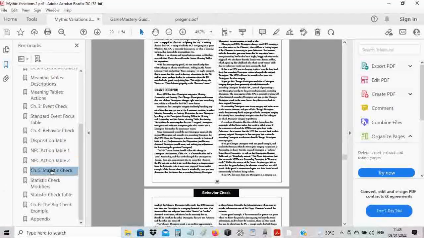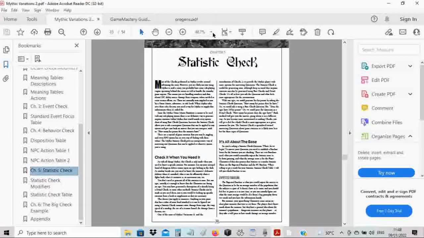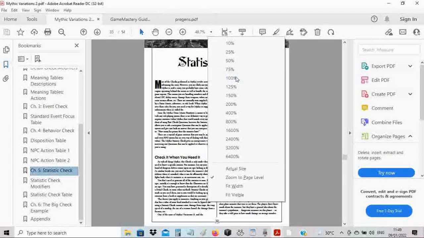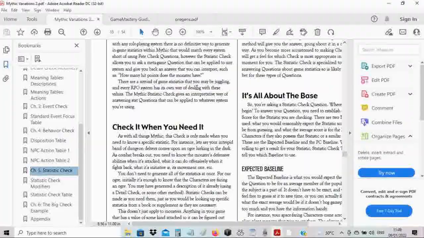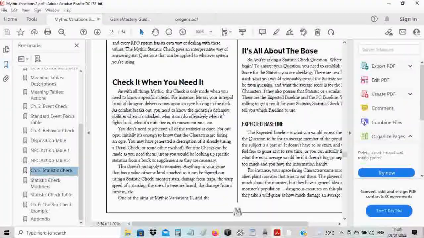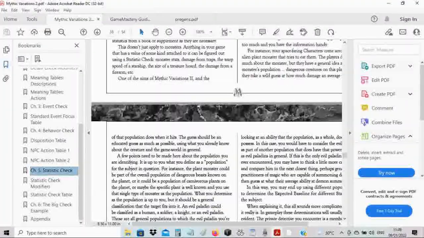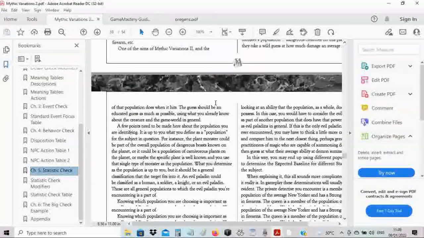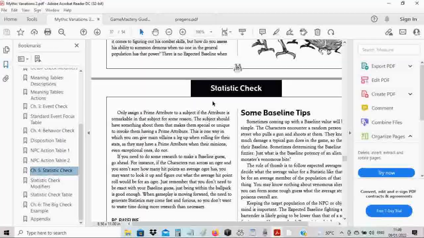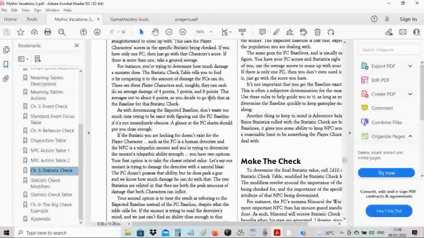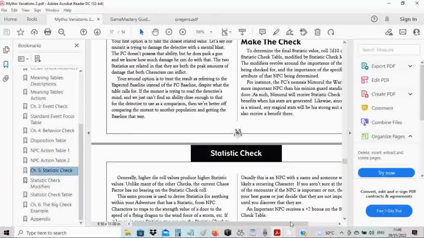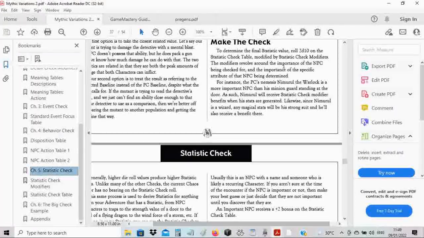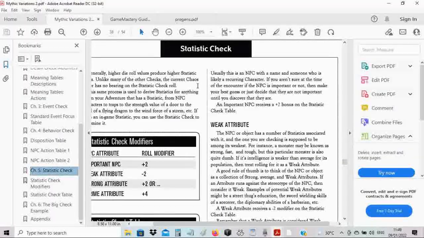The statistics check. Ooh, wrong one. Statistics check. So this is the expected baseline, like what you expect things to be. To determine the statistics value, roll 2d10 on the statistics check table, modified by the statistics check modifiers.